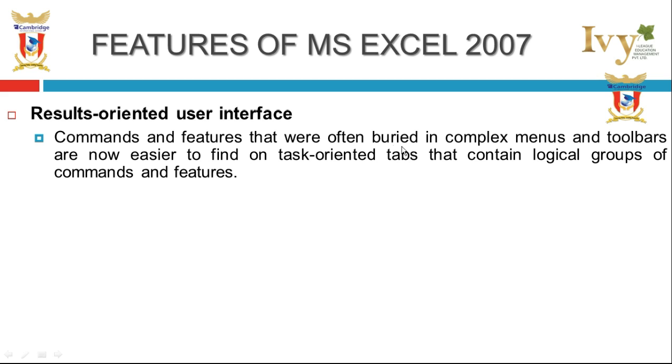Commands and features that were often buried in complex menus and toolbars are now easier to find on task-oriented tabs. That means in Office 2007, in Excel 2007, the menus are replaced with tabs.